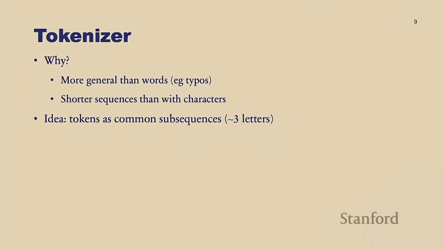The issue is that then your sequence becomes super long. And as you probably remember from the lecture on transformers, the complexity grows quadratically with the length of sequences. So you really don't want to have a super long sequence. So tokenizers try to deal with those two problems and give common sub-sequences a certain token. Usually you should think of every token as being, on average, around 3-4 letters.